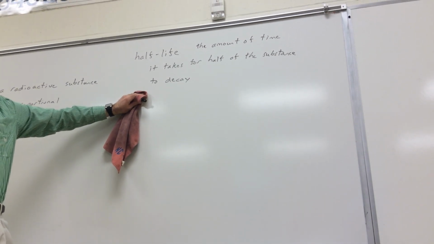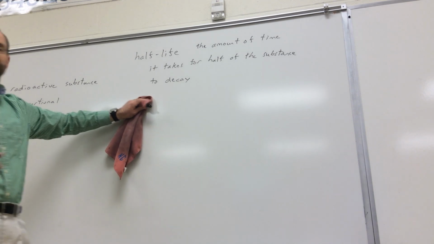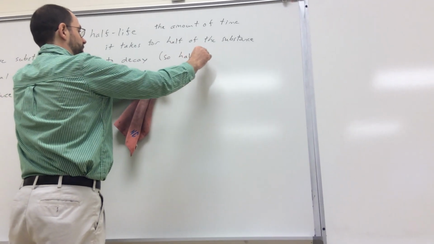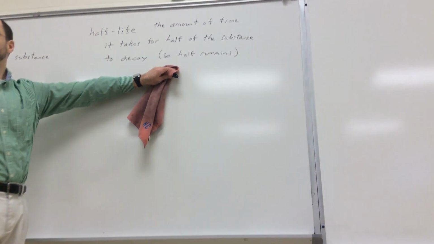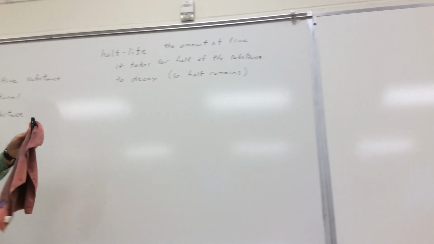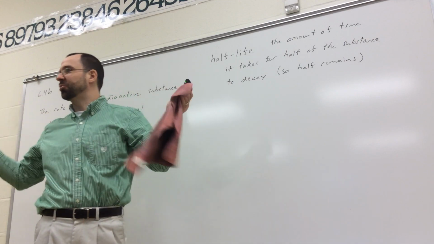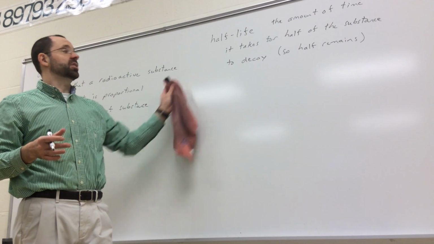And as a result, if half of it decays, then half of it is remaining, right? So I put that in parentheses because it means the same thing. If half of it goes away, then half of it's remaining. Okay, so that's called half-life.